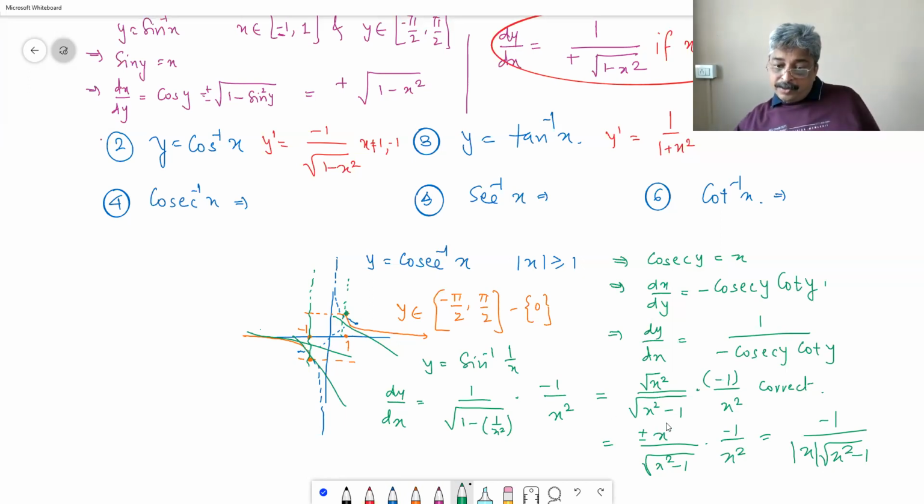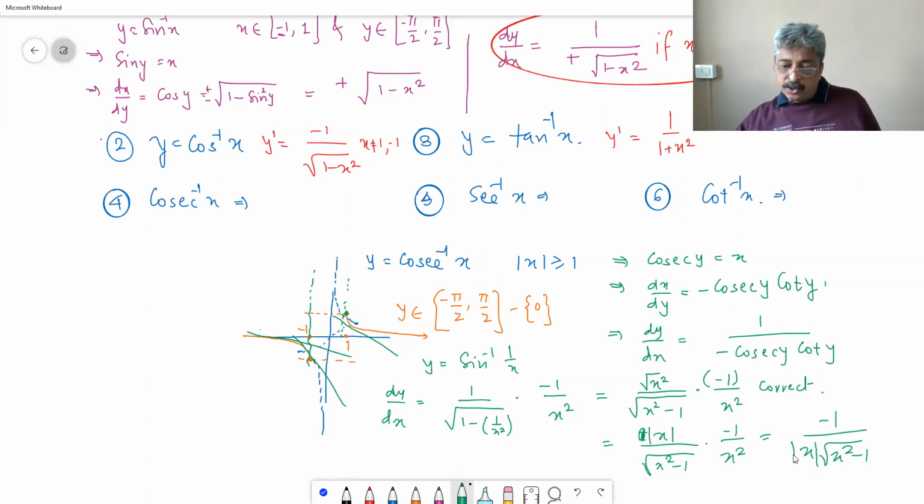Or maybe we would have written this directly, radical x square is mod x. Then this business is gone. So mod x upon x square, we can write it as mod x. Still, you need to go back to the graph and find out whether you want slope negative or positive. This is the correct answer.